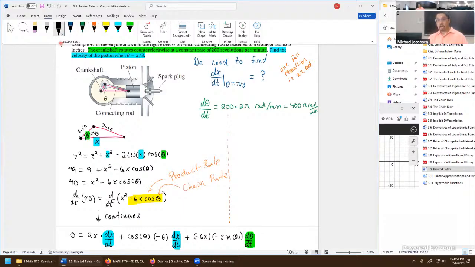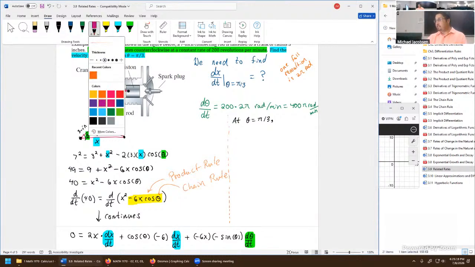Okay. Well, the question is, what is the velocity when the rotation between the crankshaft arm and this horizontal is pi over 3. So we can now say at theta equals pi over 3, what we know is that the equation holds at any value of theta whatsoever. So let's just pull that in.